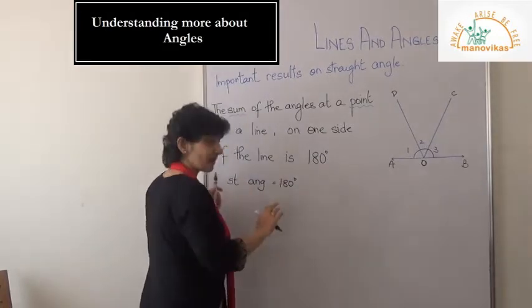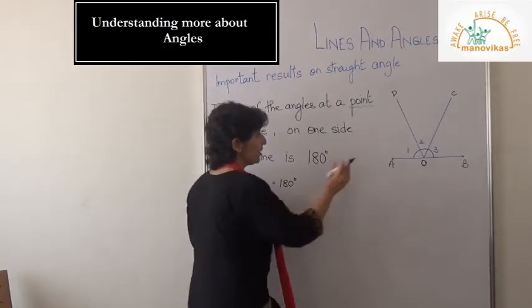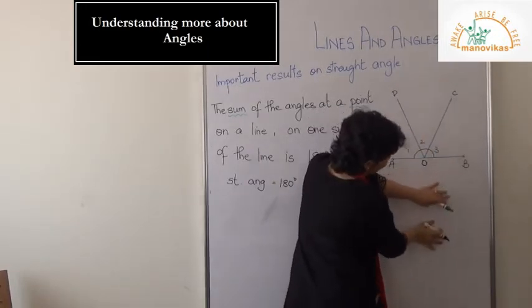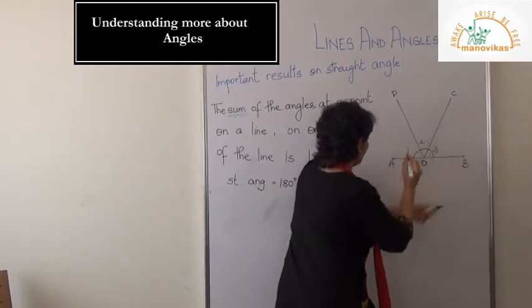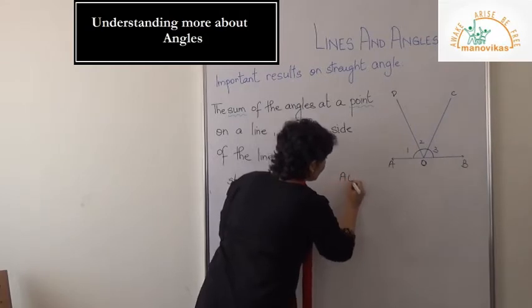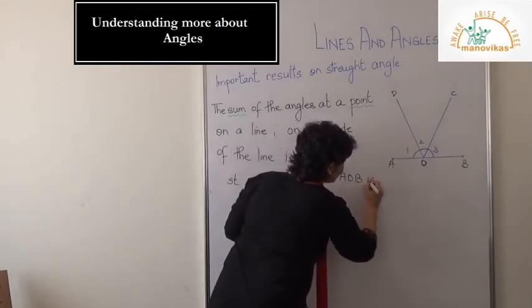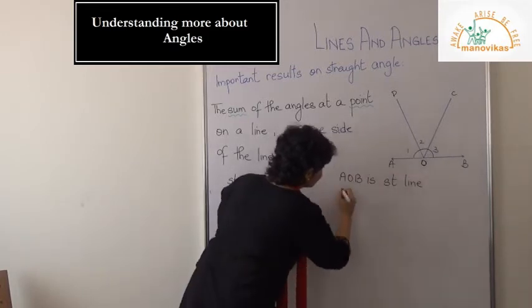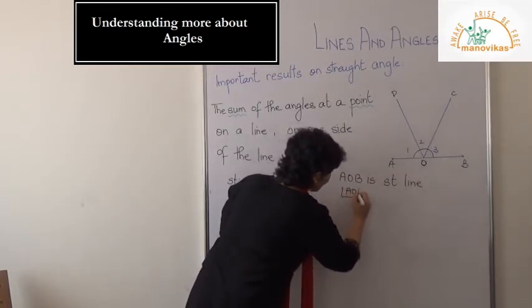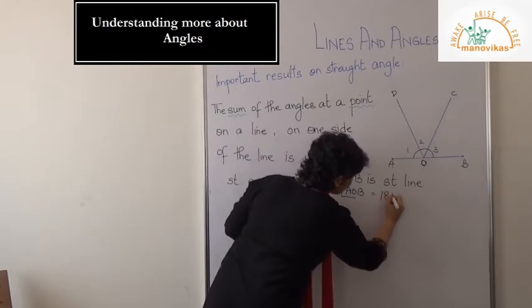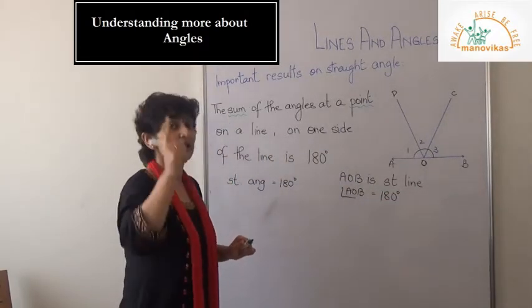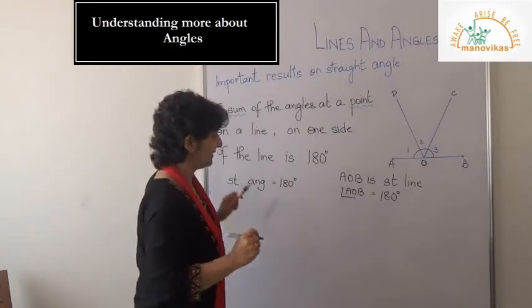Now, you know a straight angle is 180. Now, these are all on one side, children. Everything is this side. I don't have anything here. And you know that AOB is my straight line. Correct? That means angle AOB is equal to 180 degrees. Correct? A straight angle is always equal to 180 degrees.